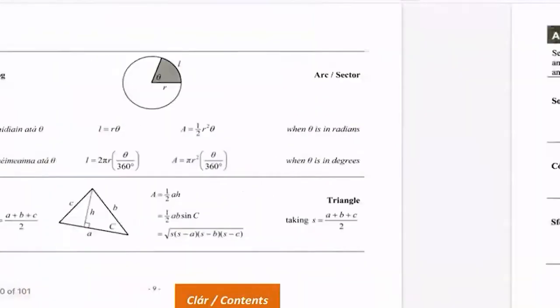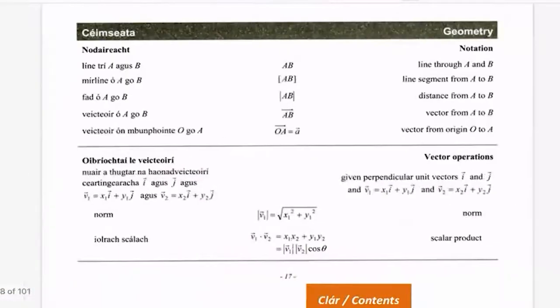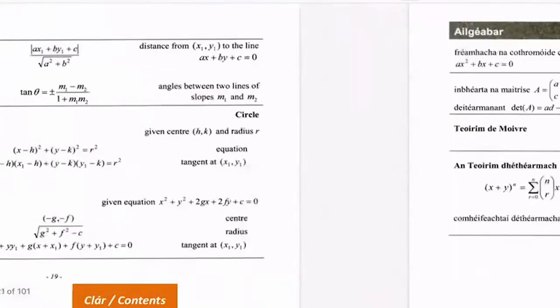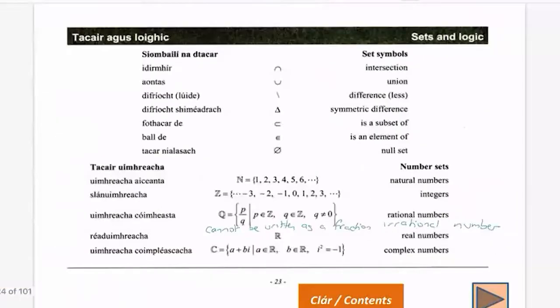Okay, and from the log tables, where it tells us all the different types of numbers, here you can see we have natural numbers, integers, rational numbers, okay, and then our irrational numbers are the ones that cannot be written as a fraction.